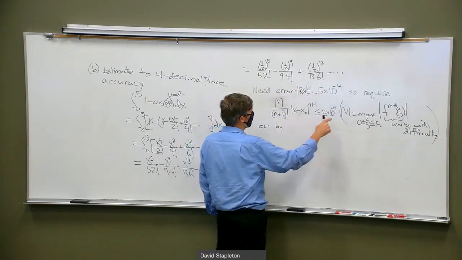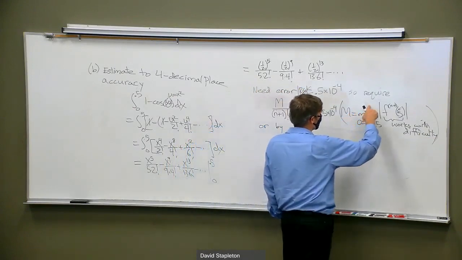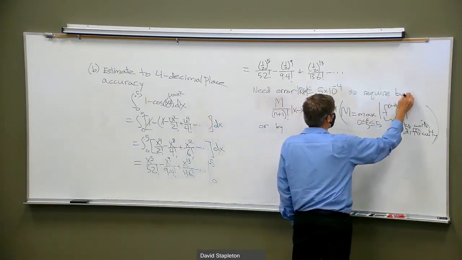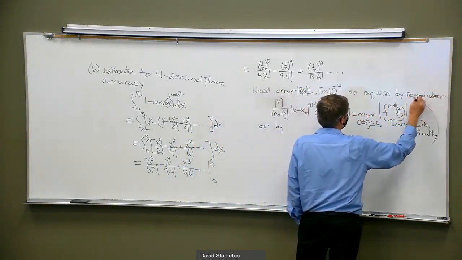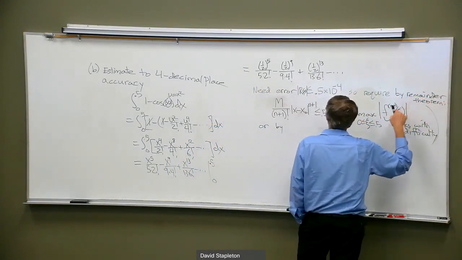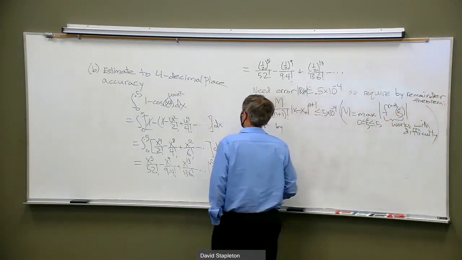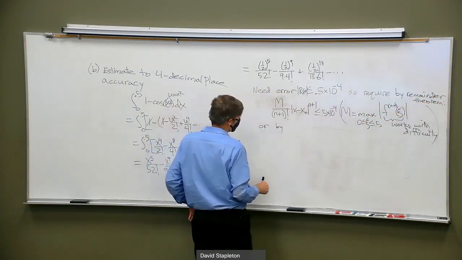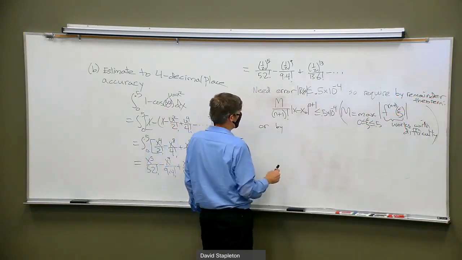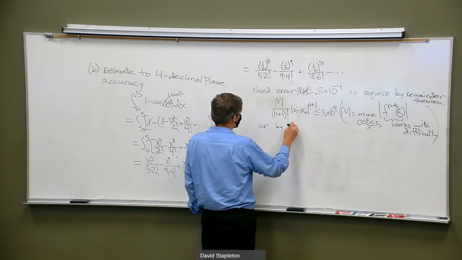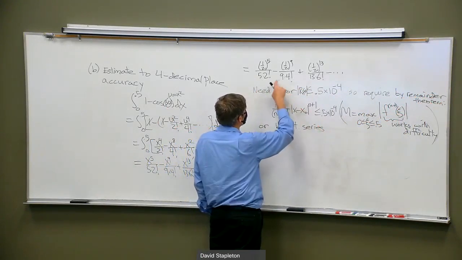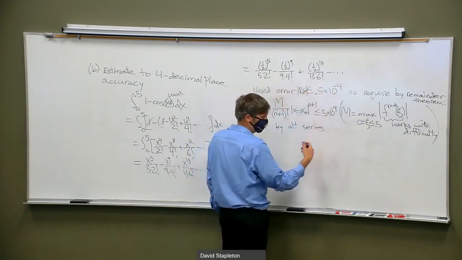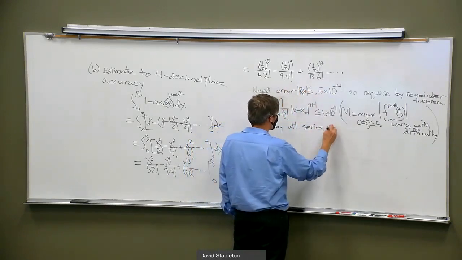So this is by the remainder theorem for Taylor series and Maclaurin series, but you have to compute this nasty derivative. It's actually not too bad, but it's a couple of product rules. Or by the alternating series theorem, because these alternate in sign, getting smaller and smaller, going to 0, those are the hypotheses of the theorem.